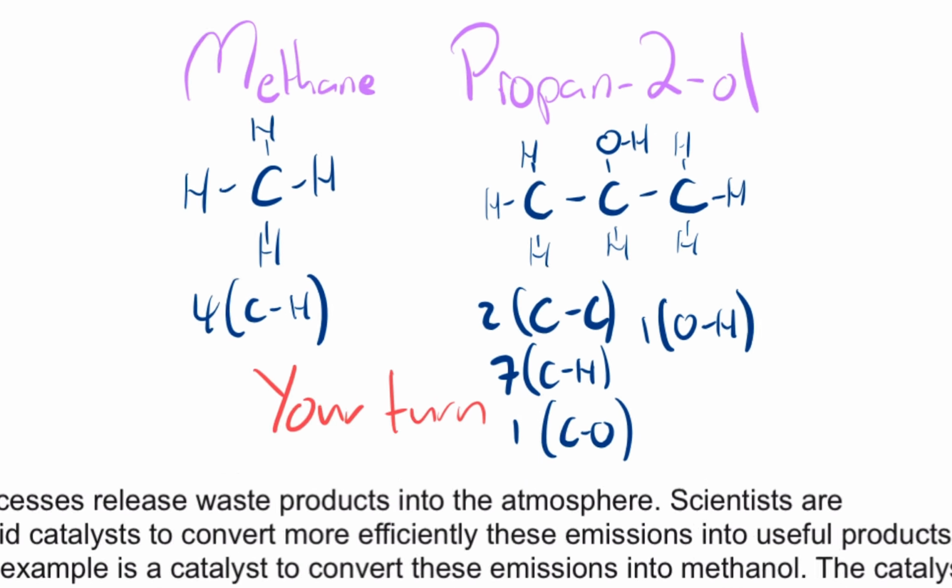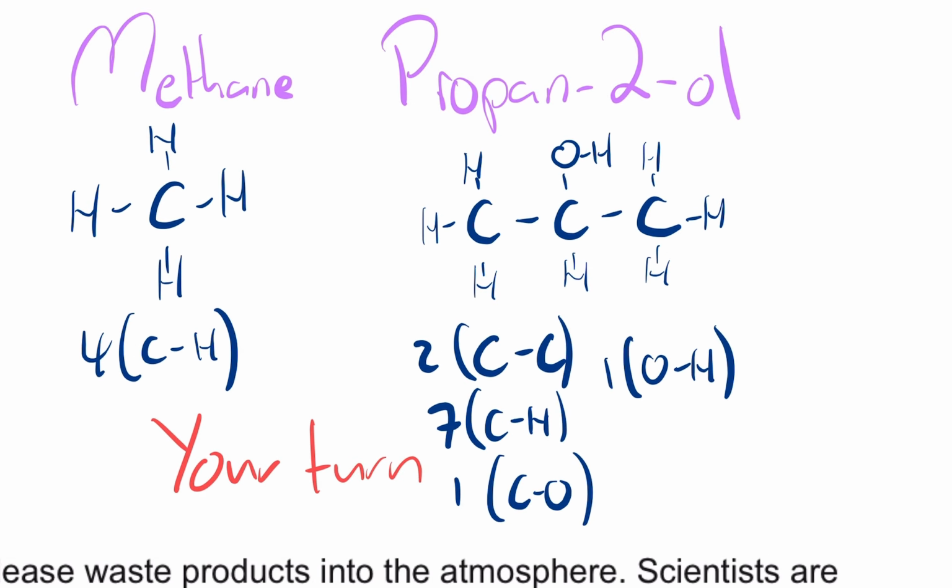Now, again, this is why I think it's much easier to work with our displayed formula. I also want to make this point: where these values are calculated, what happens is we take a load of compounds. So we take methane, ethane, propan-2-ol, loads and loads of these, and we look at the average bond enthalpy for these bonds.